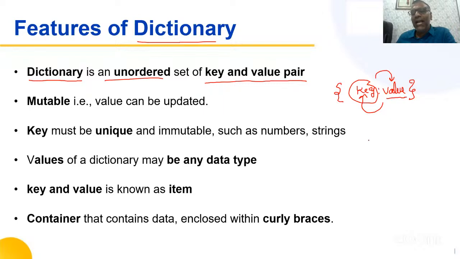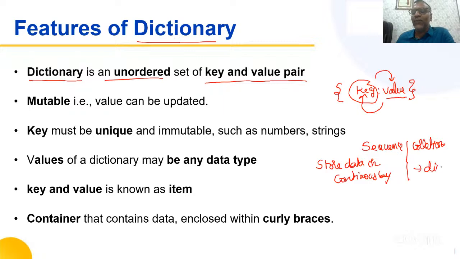Yesterday I discussed two kinds of data structures, sequences and collections. What is the difference between sequences and collections? Sequences store data in continuous locations, and the data is sequential. In collections, there are two data structures used.